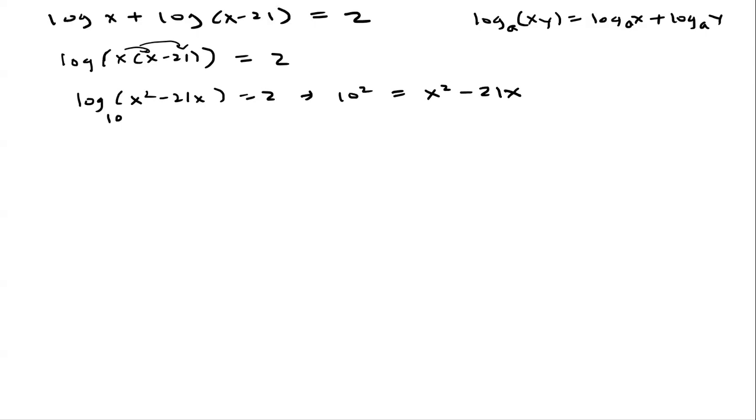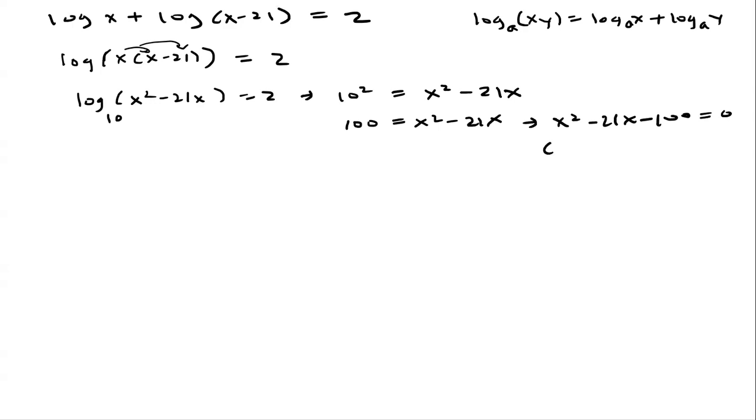All right, so 10 squared is going to give us 100. And then we still have x squared minus 21x. So we need to move the 100 to the right. So that's going to give us x squared minus 21x minus 100 equals 0. And then we just factor.